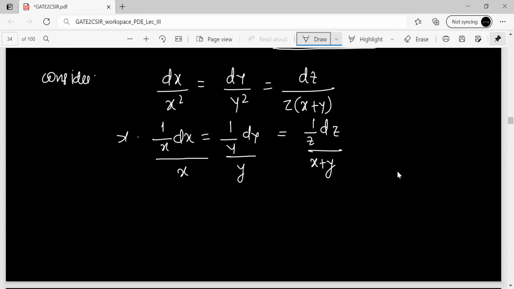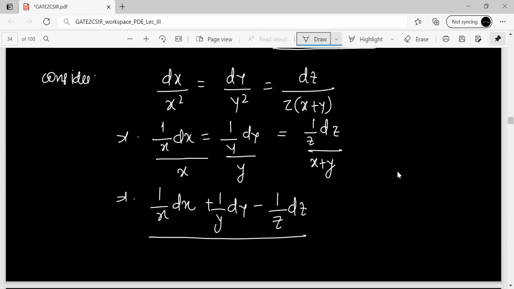So now what if I do this? I'll add these two and I'll subtract from this. So I get 1 upon x dx plus 1 upon y dy minus 1 upon z dz whole upon x plus y minus of x plus y.